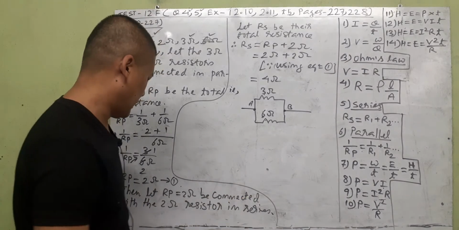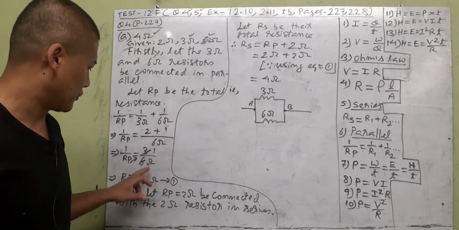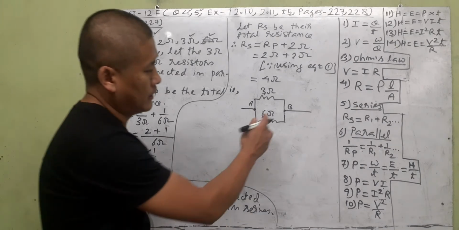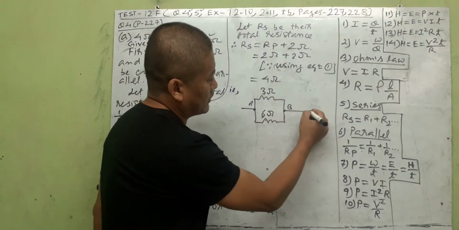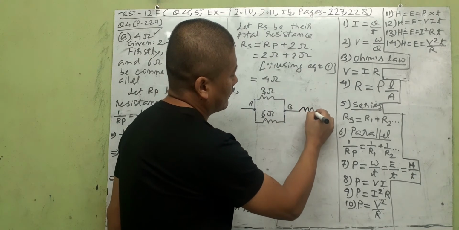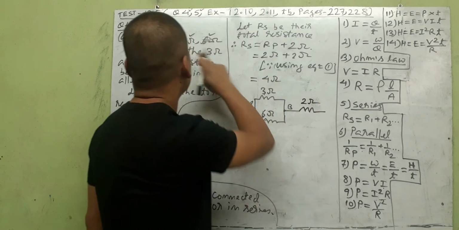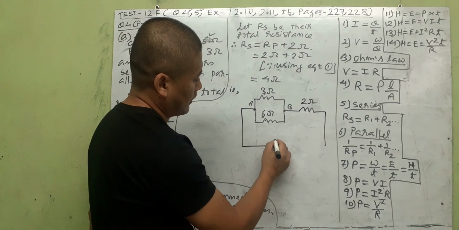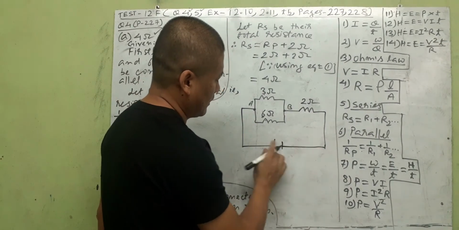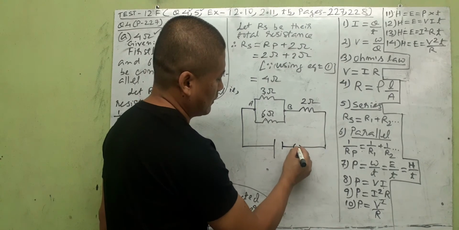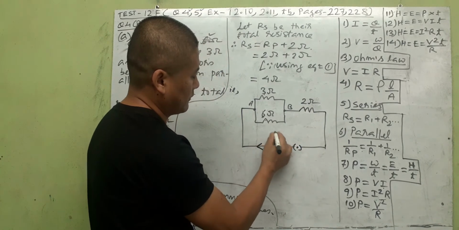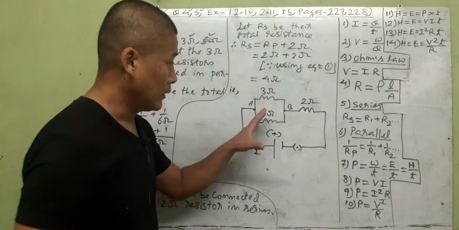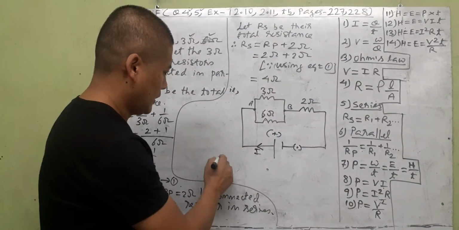Then we connected their total, which is coming out 2, in series, which means after the ending point of this combination, we have put the 2 ohm which was not yet connected, in series. Then with a battery, and a switch if you like, current will flow from positive to negative. So it flows like this. Then you're getting a total of 4 ohms.